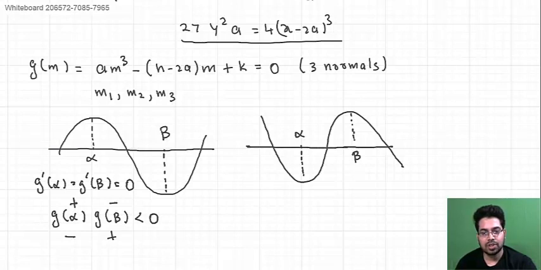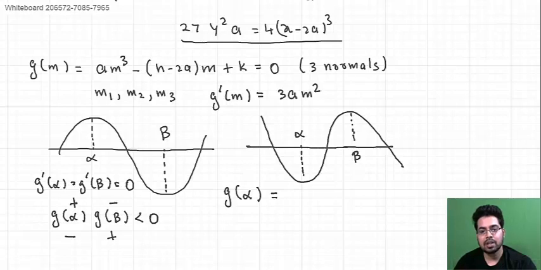let's say this is my g of alpha. What is my g of alpha going to be? But before getting g of alpha, let's find out alpha. We are having g dash alpha is 0. That means g dash of m is going to be 3a m square minus h minus 2a. Now to get g dash alpha, g dash beta equals to 0, I need to equate this with 0.